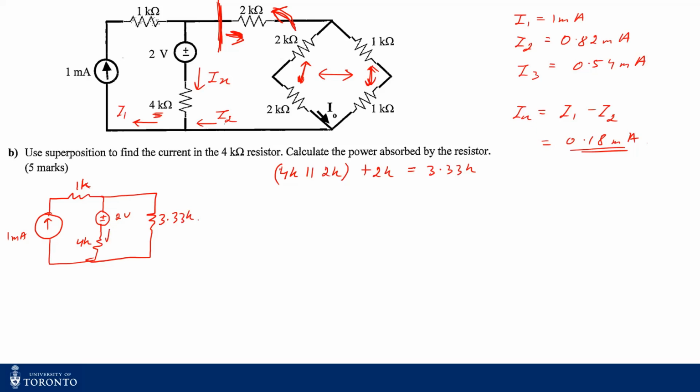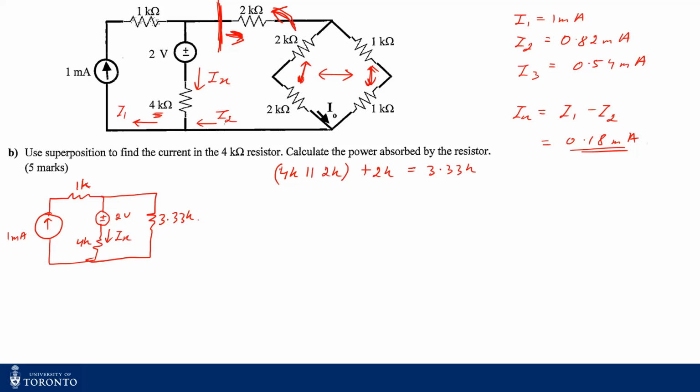Now, if I want to find Ix using superposition, I can consider two circuits, right? You have to consider one circuit for each independent source. Since there are two independent sources, one for the current and one for the voltage, you have to consider two circuits.